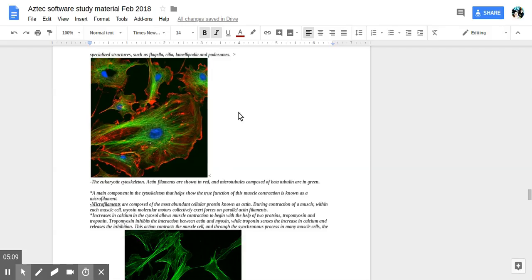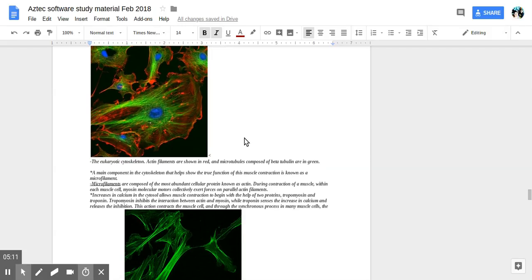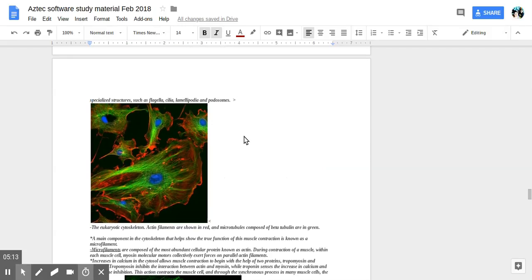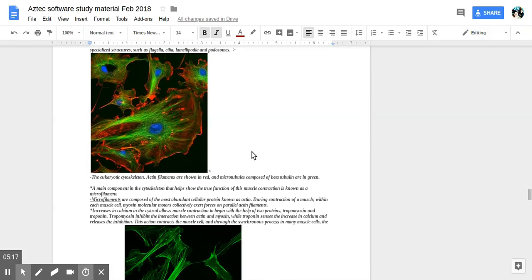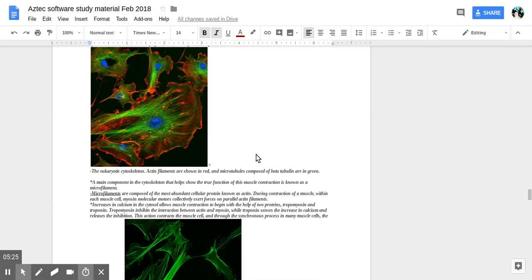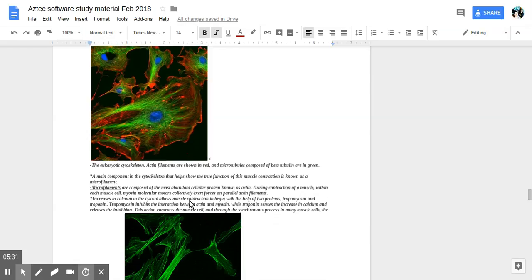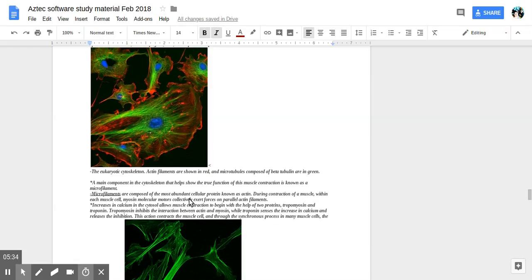We're going to start learning a little more about these, which make up the cytoskeleton. Microfilaments are composed of the most abundant cellular protein, known as actin. During contraction of muscles, within each muscle cell, myosin molecular motors are used, collectively exerting forces on parallel actin filaments.